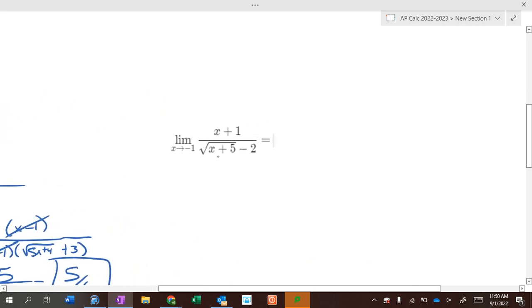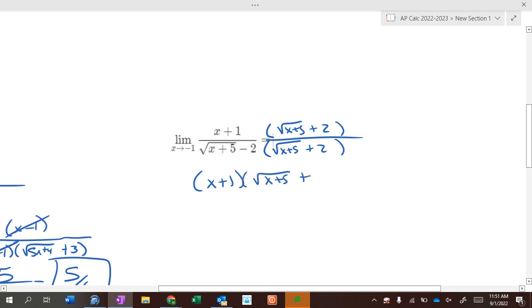Okay, if we stick in a negative 1, we get 0 over 0, indeterminate form. Okay? So what do you think we multiply both the numerator and denominator by? This time the conjugate of the denominator. Square root of x plus 5 plus 2. Square root of x plus 5 plus 2. Okay? So in the numerator, I'm going to leave it as x plus 1 times the square root of x plus 5 plus 2.